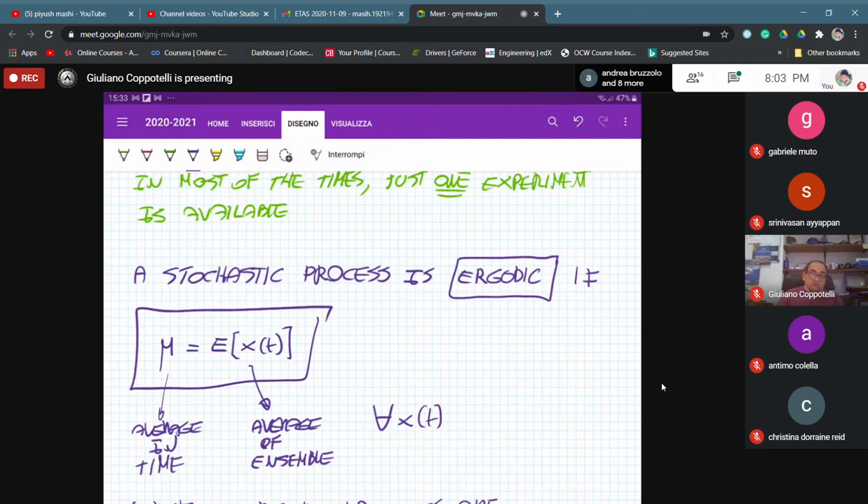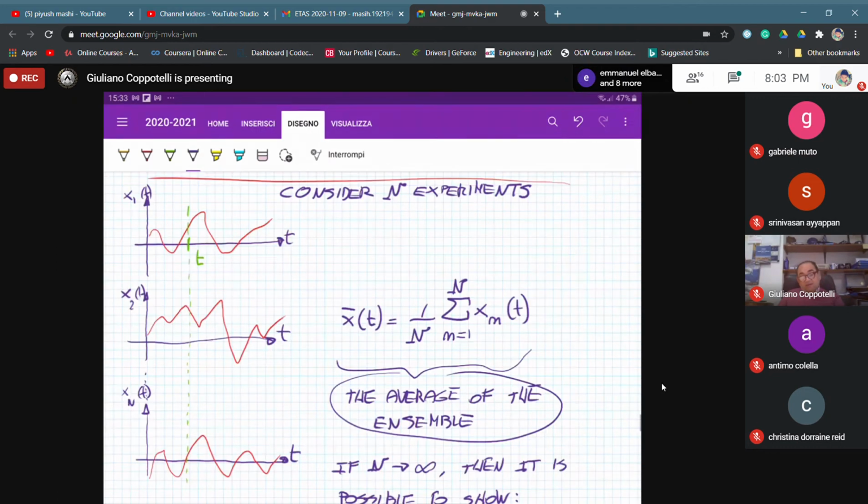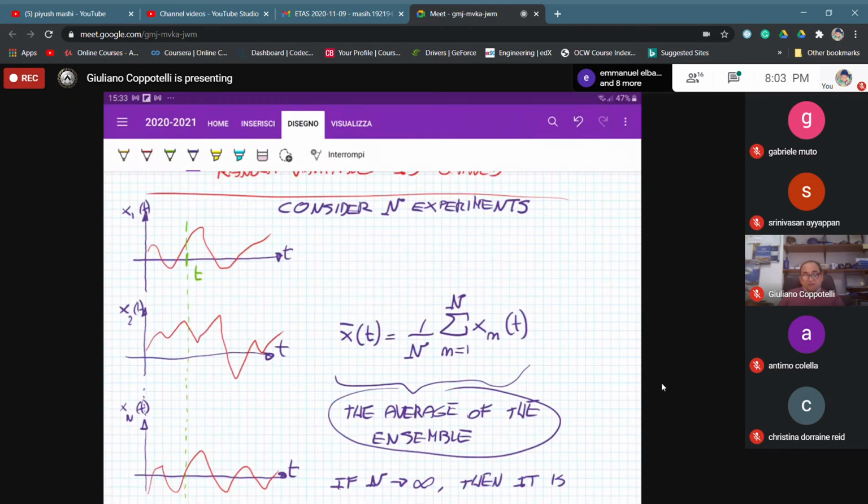That is, instead of characterizing your process from the statistical point of view going down this vertical direction, we are going horizontally. Just pick your experiment, and then you can have whatever parameter you like from the statistical point of view.